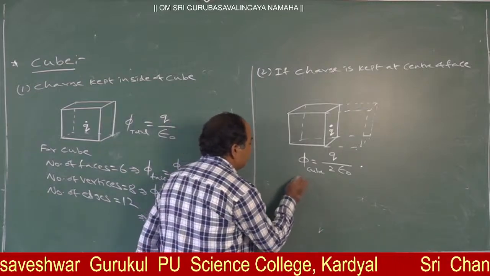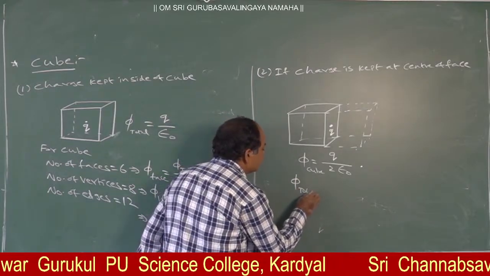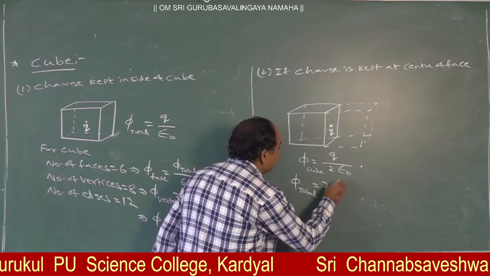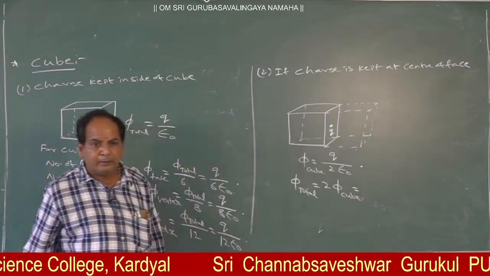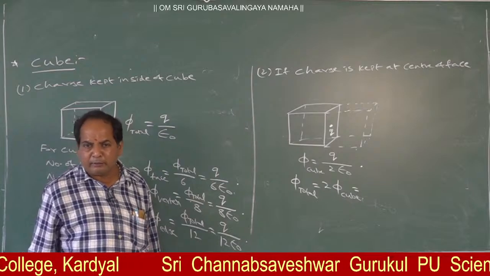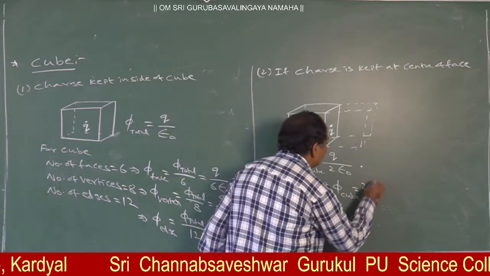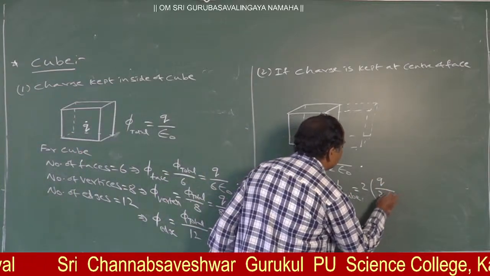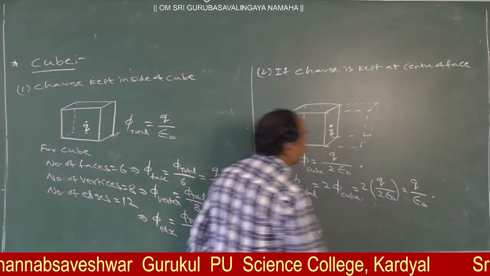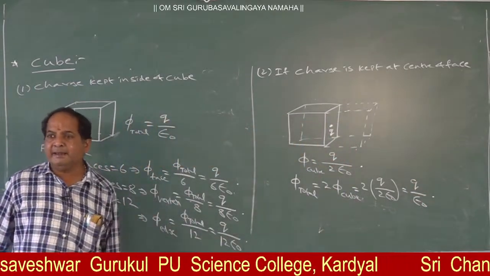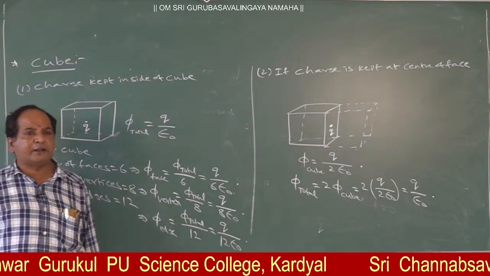Phi total, how much? That is 2 into phi cube. Why? How many cubes are there? 2 cubes are there. So 2 into phi cube. That means 2 into Q by 2 epsilon naught, which is equal to Q by epsilon naught. That means the total flux will not change.